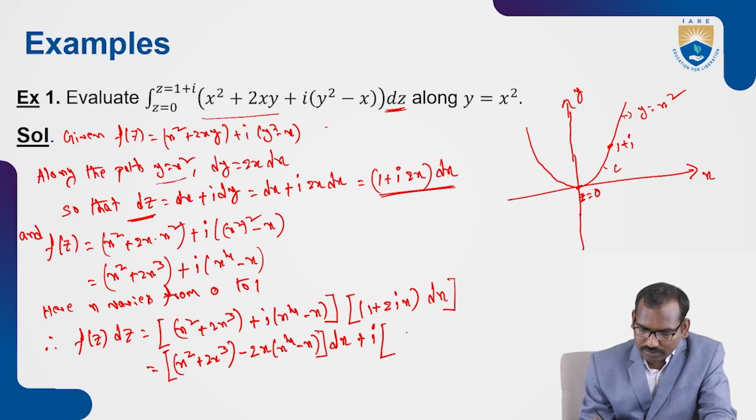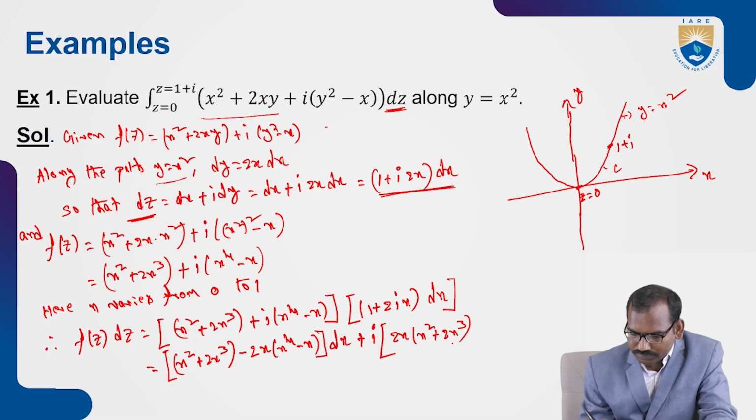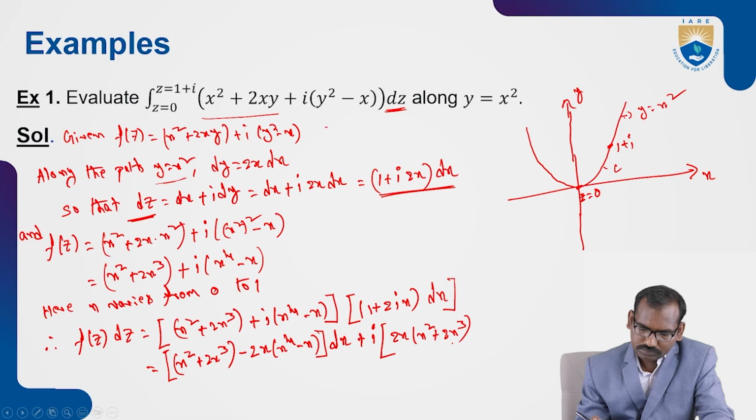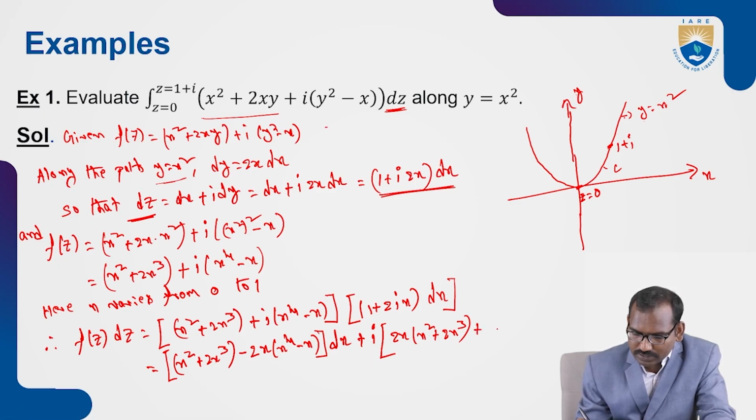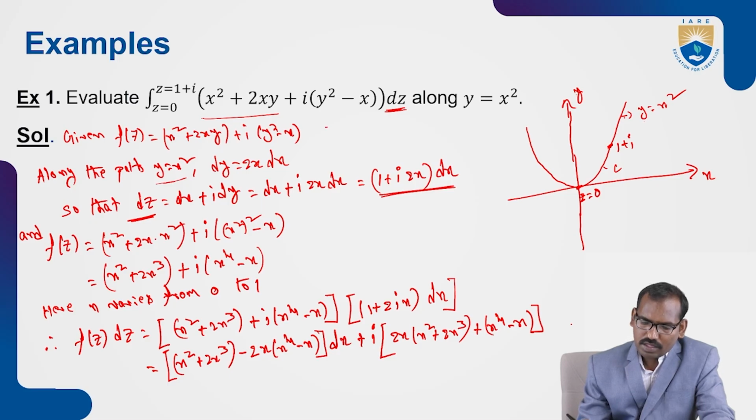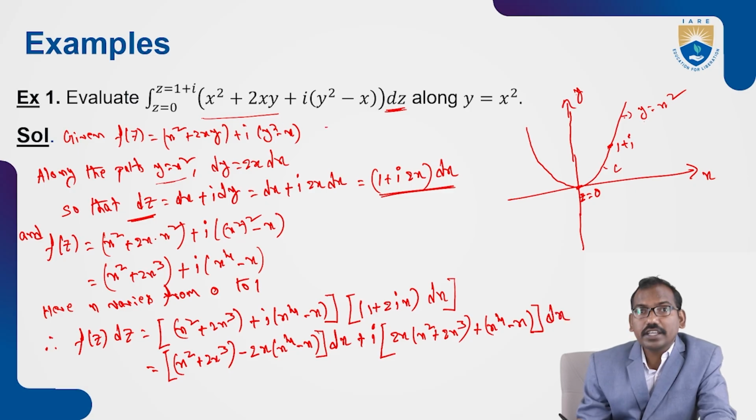Imaginary part will be 2x square plus 2x cube, 2x cube. Next plus x to the power 4 minus x, into dx. Right. So this is f(z) dz.